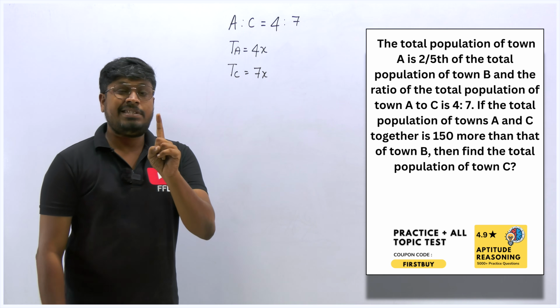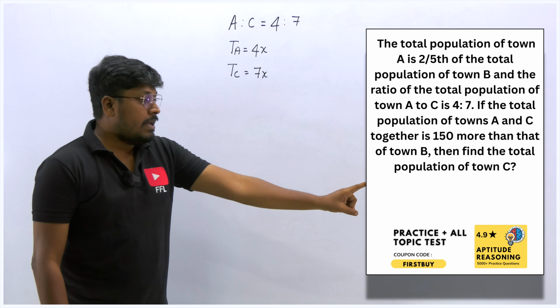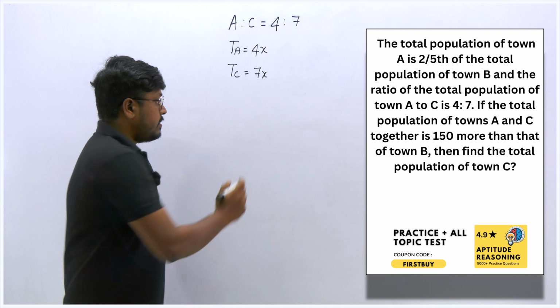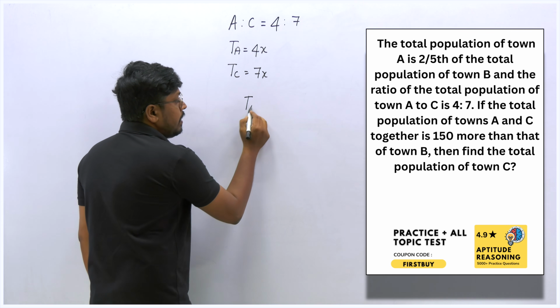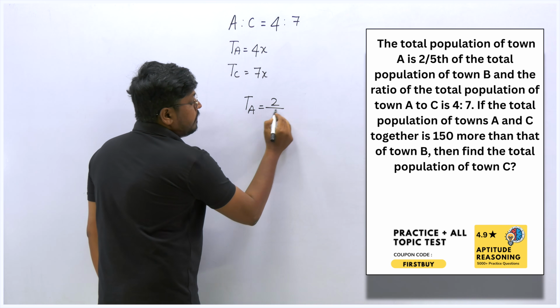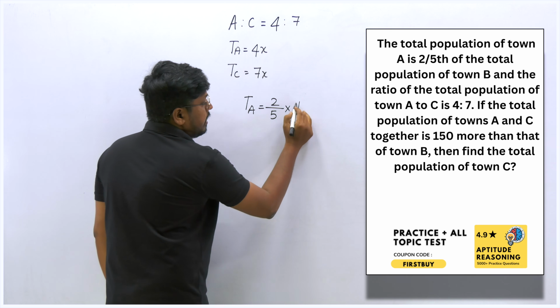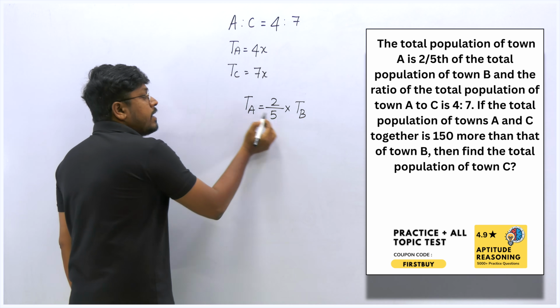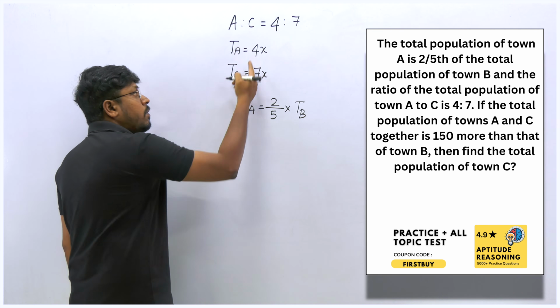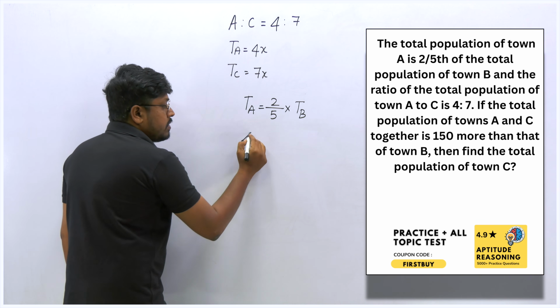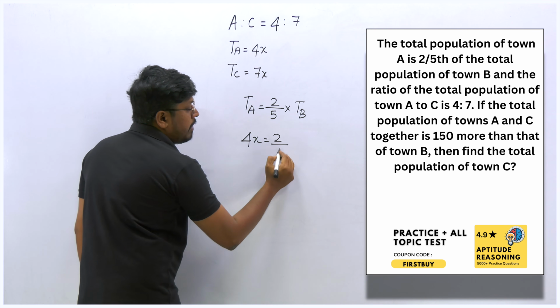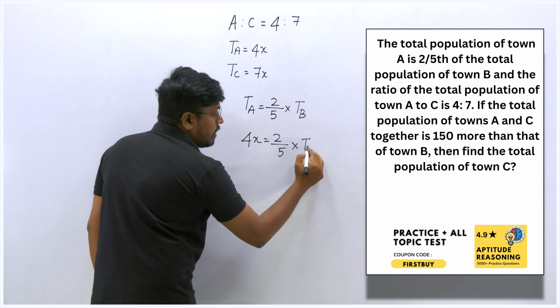Now the first point they mentioned is that the total population of town A is 2/5 of the total population of town B. We already know town A population is 4x. So 4x equals 2/5 into town B total population.